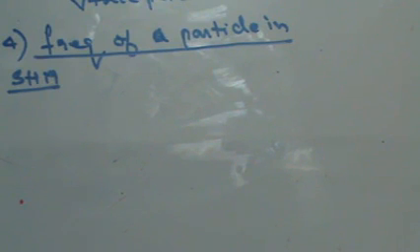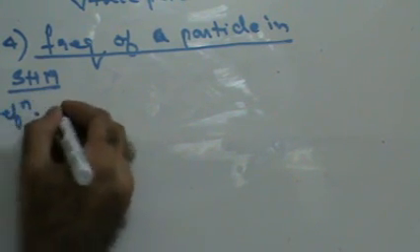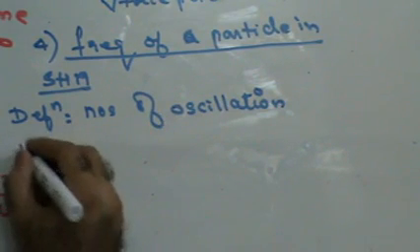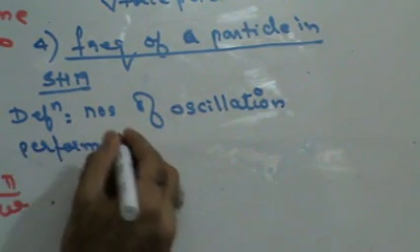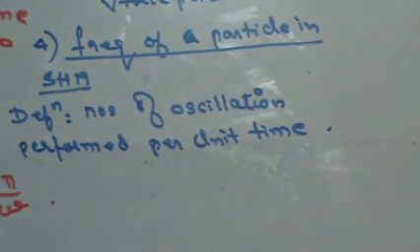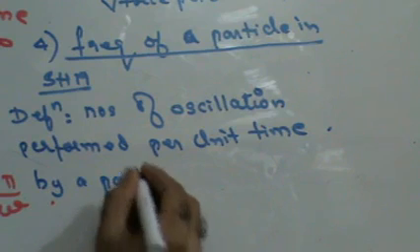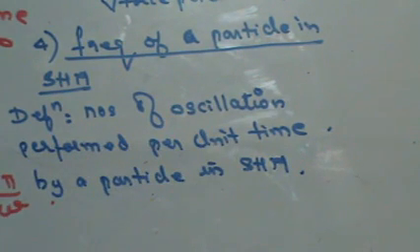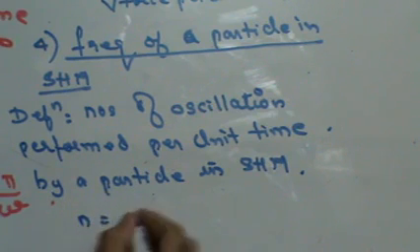So, definition-wise, it is the number of oscillations performed per unit time by a particle in SHM. Right? Once I have this, now I can therefore say that frequency is nothing but 1 upon time.